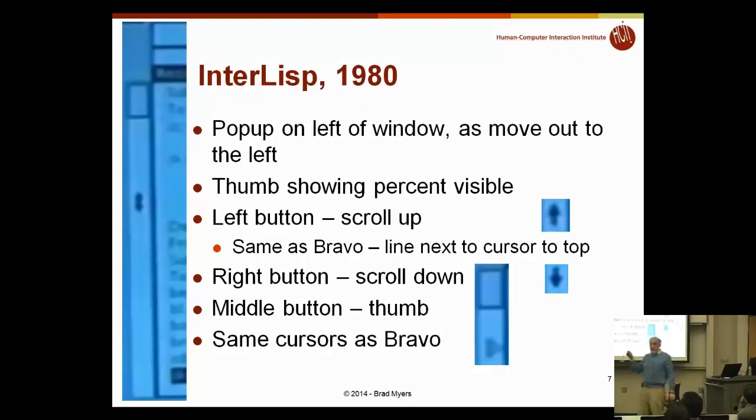In InterLisp, you actually had to move your cursor towards the left in order to see the scroll bar, kind of like what we're used to today. Again, the thumb showed the percent visible, the left button for scrolling up, the right button for scrolling down, middle button to thumb, and it also used exactly the same cursors as Bravo did. So slightly different than Smalltalk, which had these weird half arrows, but similar behaviors.